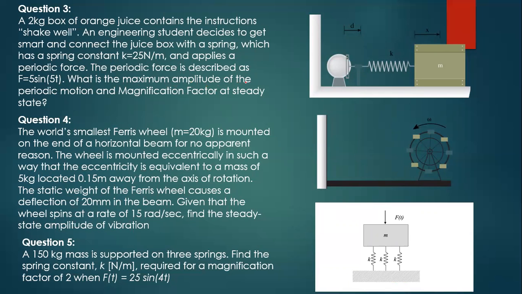What is the maximum amplitude of the periodic motion and the magnification factor at steady state? So question number 3 is related to this schematic diagram.